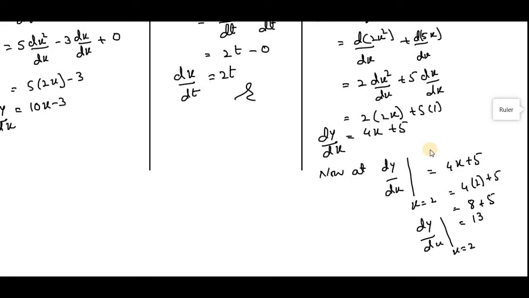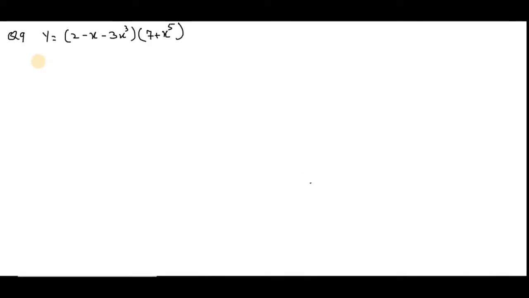So this means that whenever we obtain the derivative, at the end we have to replace each x with the given constant.